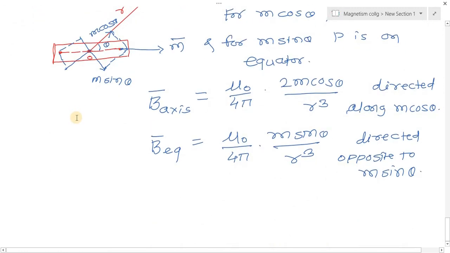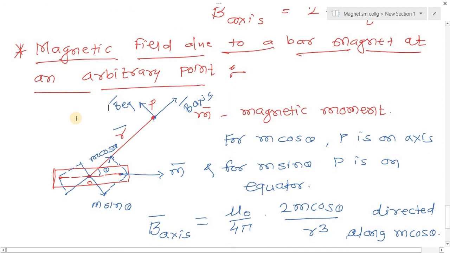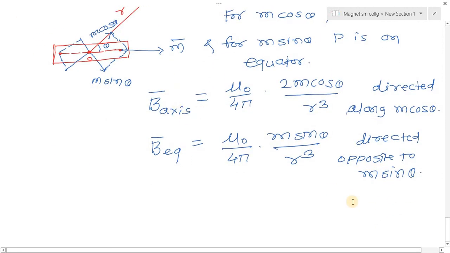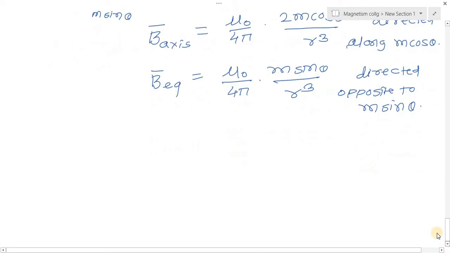So the resultant magnetic field at point P is the resultant of these two, and which is directed in this direction here. So to obtain the resultant magnetic field, we have to use the formula for the resultant of two vectors.